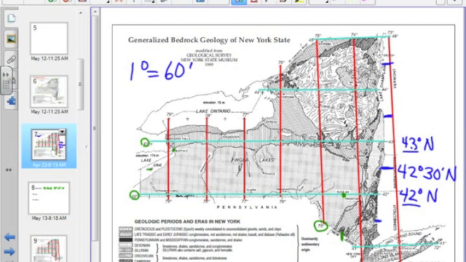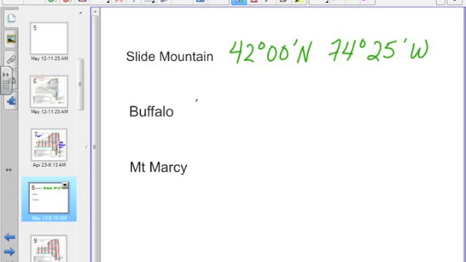Here's halfway through, that's my 30-minute mark. So as I look at this, I'm going to estimate 42 degrees 50 minutes north. Remember, 60 would click me over from 42 to 43 degrees. It's not that, so I'm going to go with 42 degrees 50 minutes north.